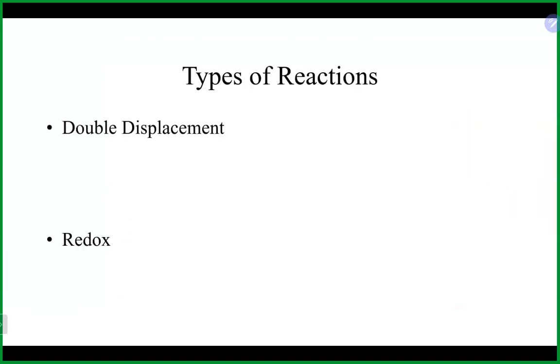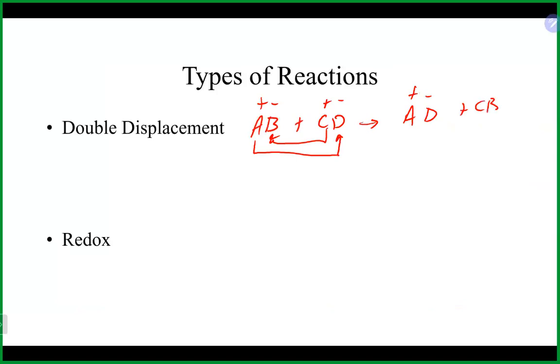All right, so as we talked about last time, there are these two big classifications of reactions: double displacement and redox. Once again, we can recognize double displacement as two ionic compounds coming together. We're going to switch partners on the other side, and that will give us A and D and C and B. One of these things can be a solid, which gives us a more specific precipitation reaction.